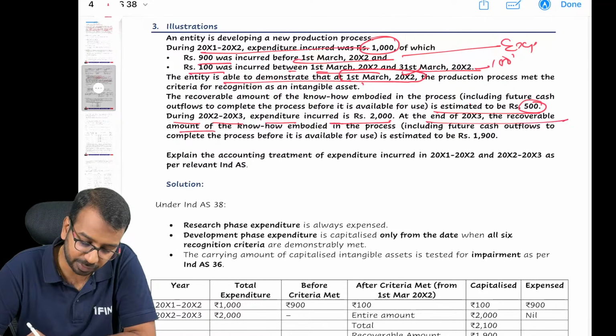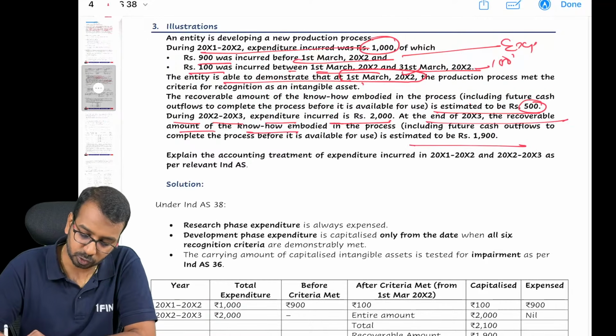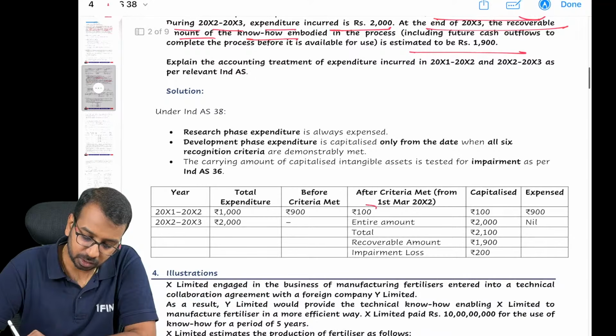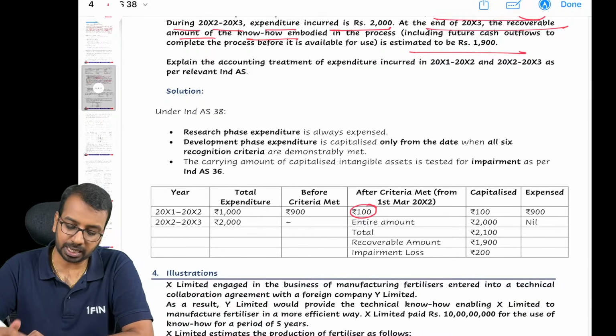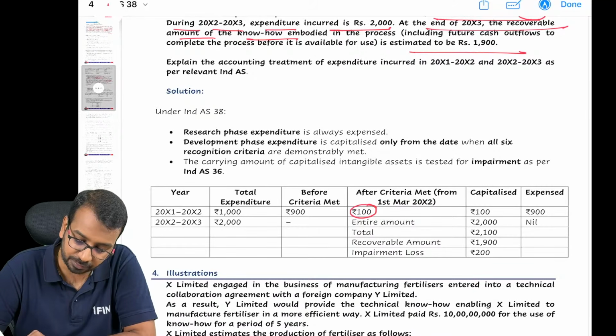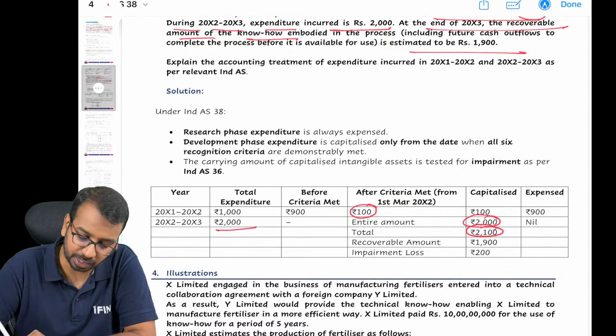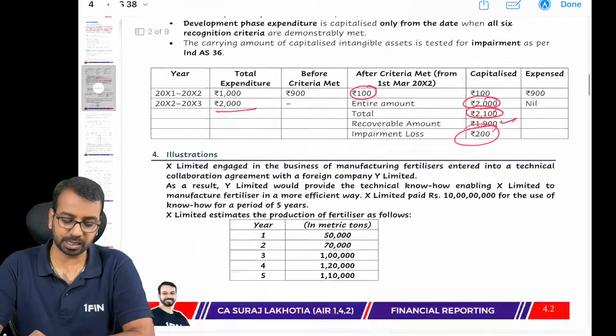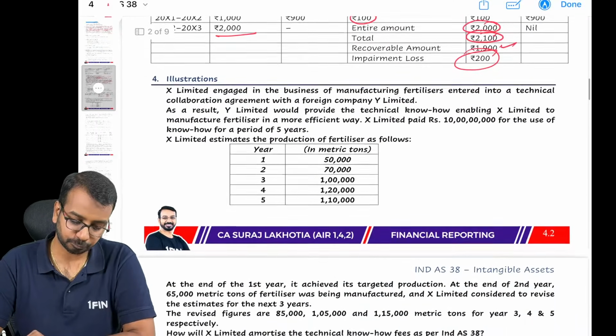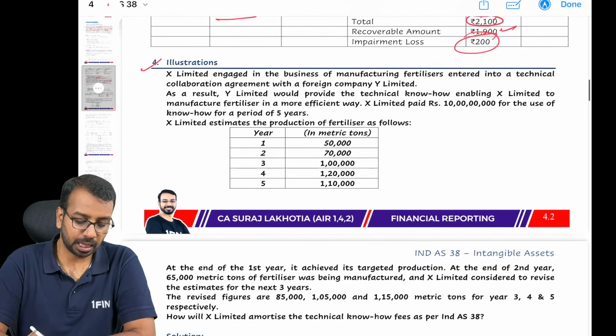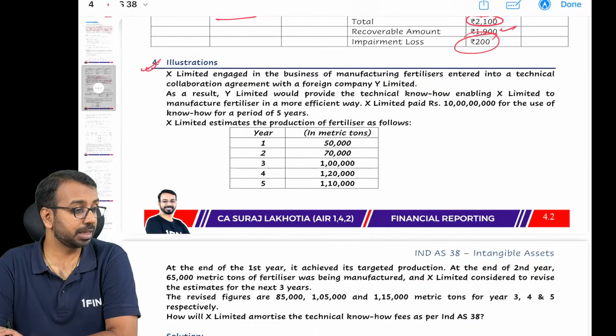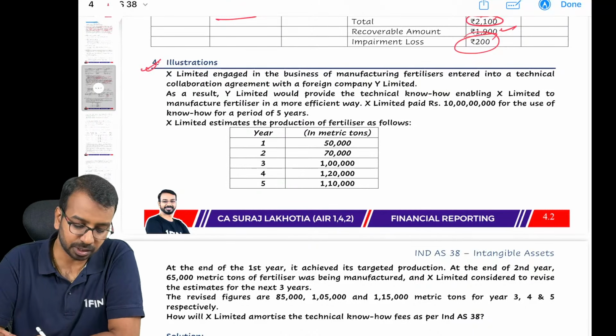At the end of year 3, recoverable amount is 1,900. So first, 100 is capitalized. Recoverable amount is more than that, so no need to impair. Subsequently, a total amount of 2,000 is capitalized, so we have 2,100. Recoverable amount is only 1,900, so 200 will be expensed as impairment loss. These types of questions are also typically tested in the examination.